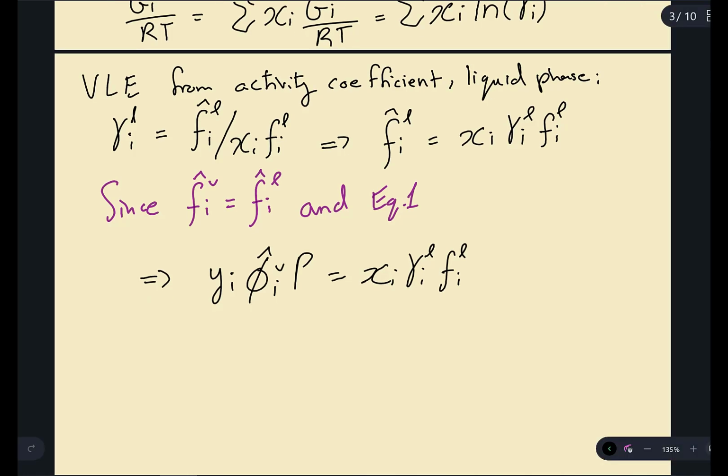So this applies for i equals 1, 2, and so on.